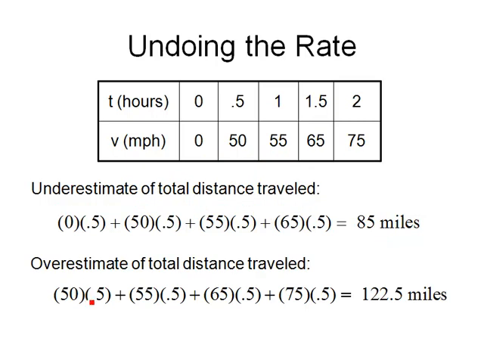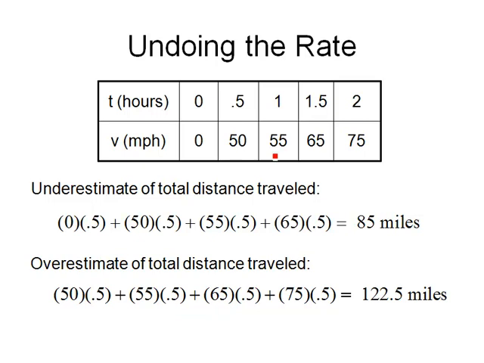If I make an overestimate, now I'm going to pick the higher speed from each interval. So I'm going to take 50 for a half hour because I had my choice of 0 and 50. I'm going to choose an estimate of 55 over the second half hour. So 0.5 times 55.